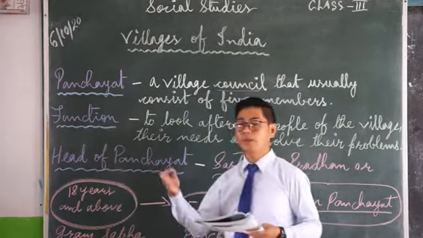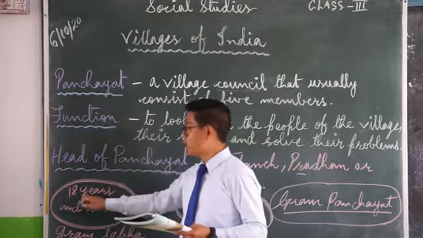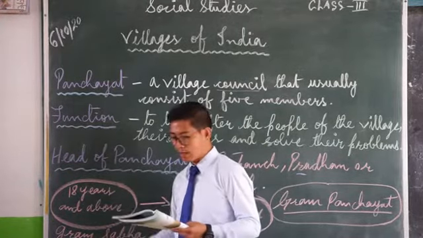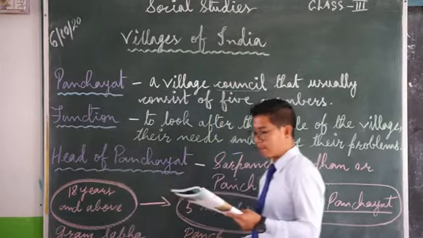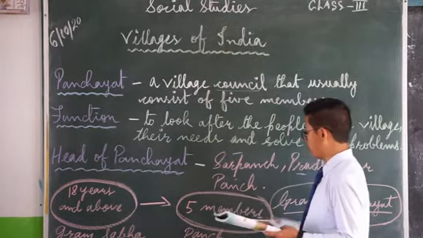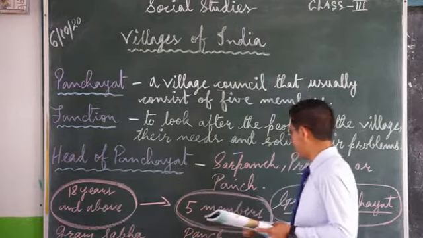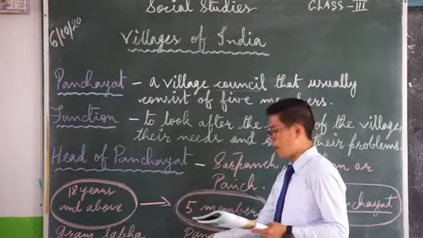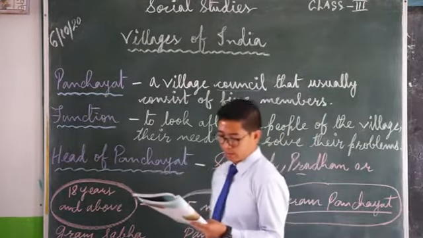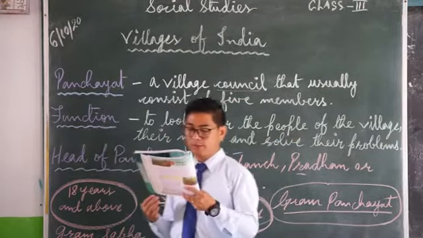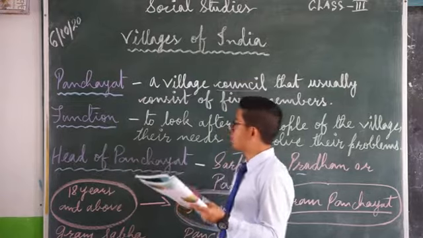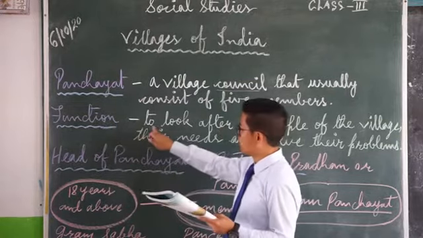Not all people, but those who are 18 years and above form the Gram Sabha. The elected members of Gram Panchayat are called Panch. Elected 5 members of Gram Sabha are called Panch. The work of the Gram Panchayat is to look after the people of the village, their needs and solve their problems. I have already written here.